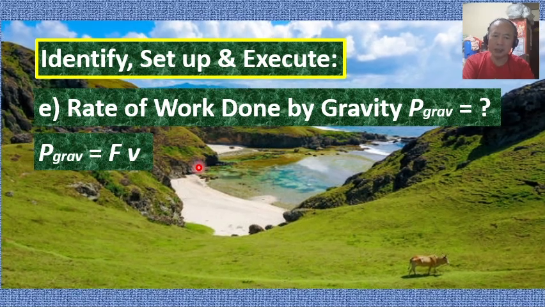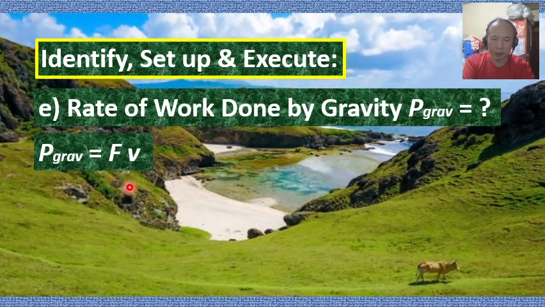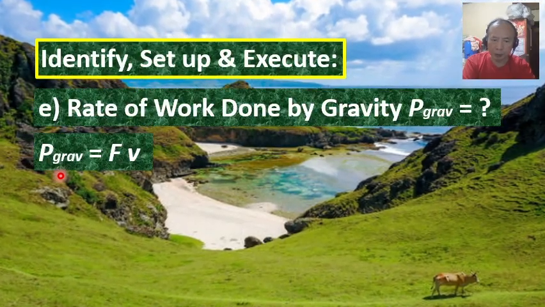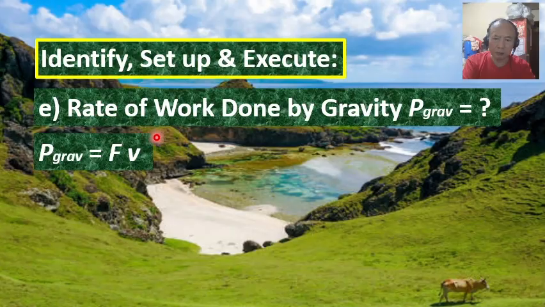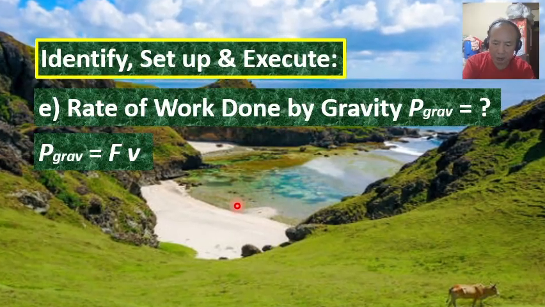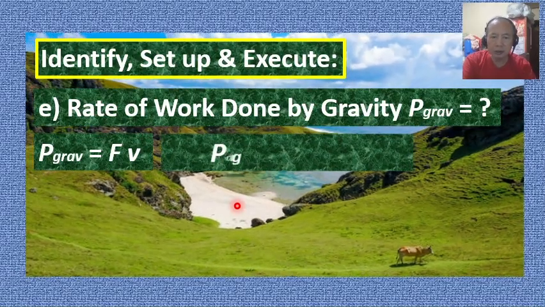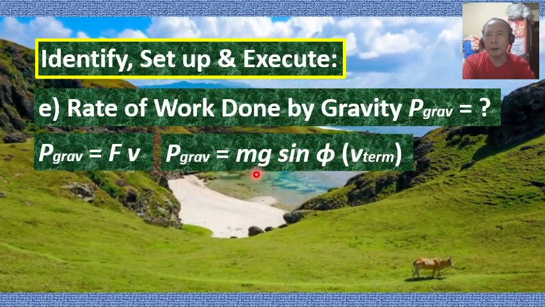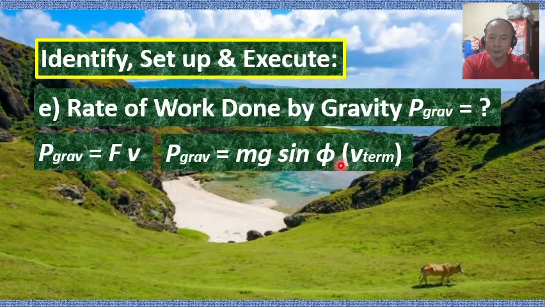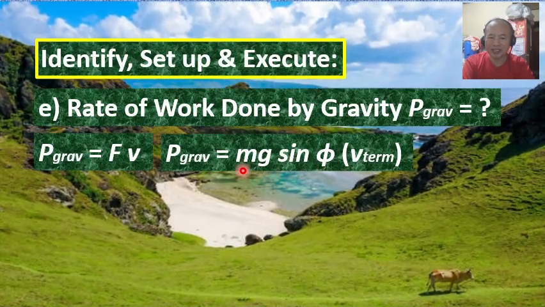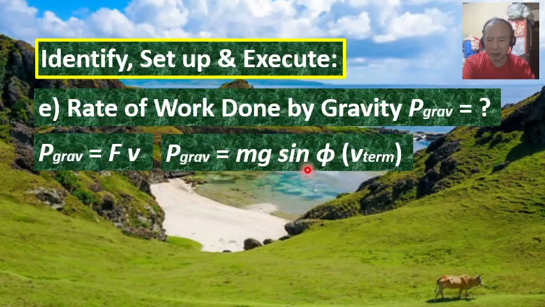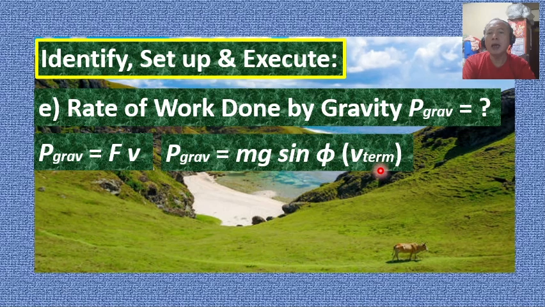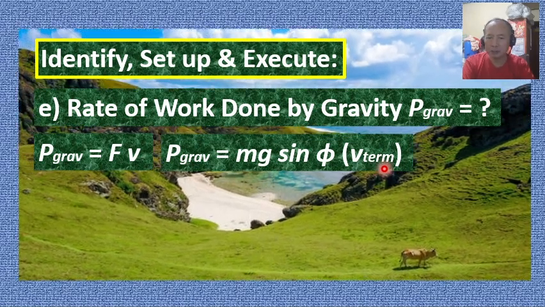So when applied in this situation, the power, or rate of work done by gravity, is just the amount of the force of gravity, which we express as mg sine of the angle phi, multiplied by what we call the terminal speed of the bar.